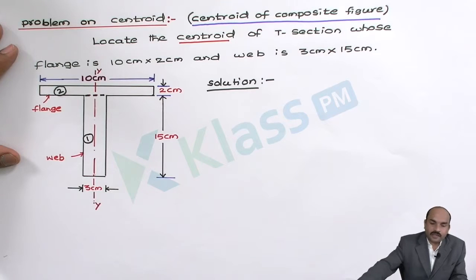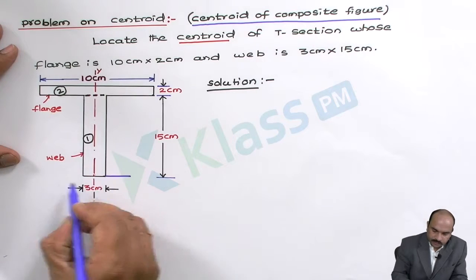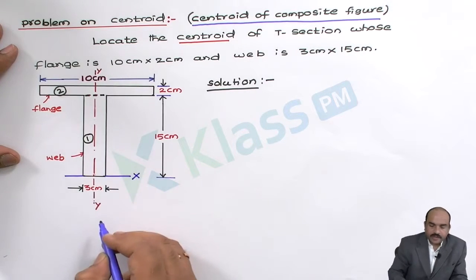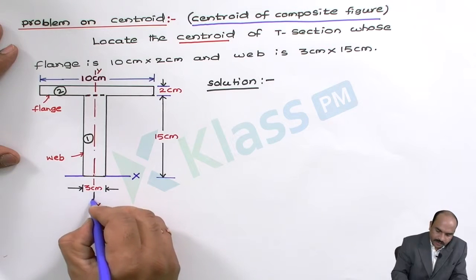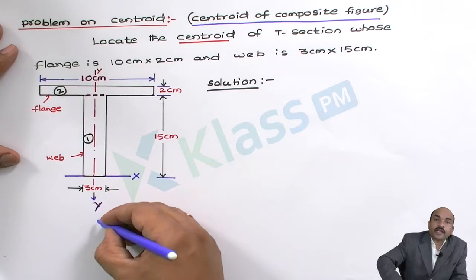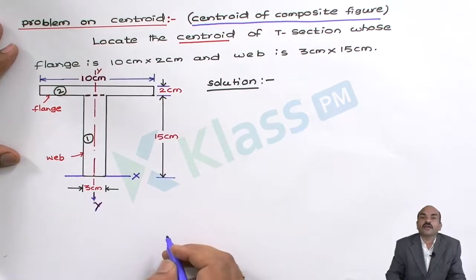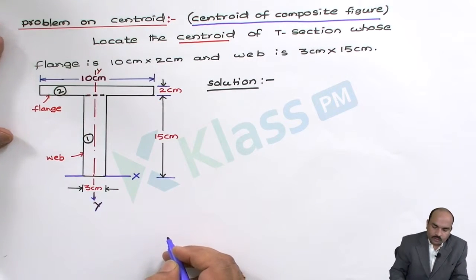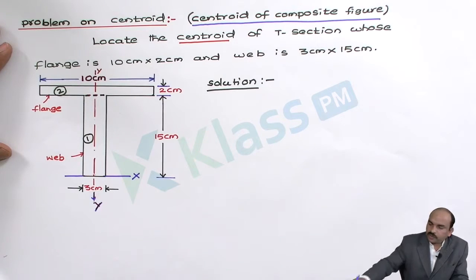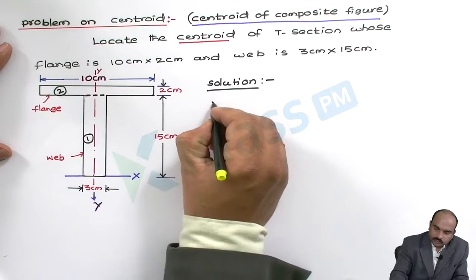Now let us take the reference axis. I will take this as the x-axis, whereas this vertical line which is drawn from the center of the T section as the y-axis. Now we know the formula for the centroid of area. First I will write the formula.